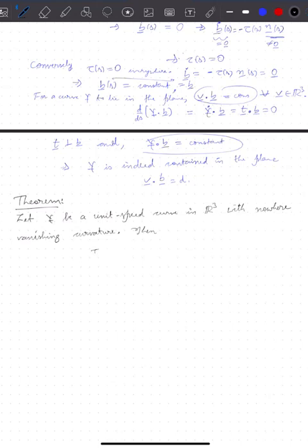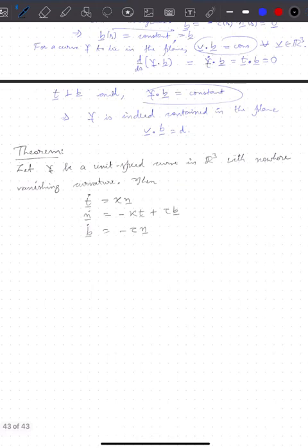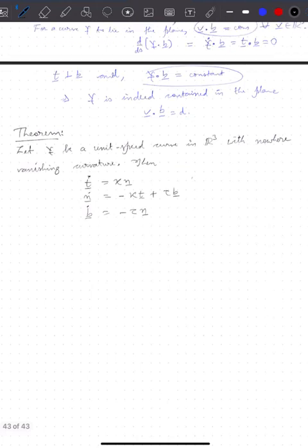Then, of course, t dot vector is equal to kappa n vector, n dot vector is equal to minus kappa t vector plus tau b vector. Then b dot vector is equal to minus tau n vector.